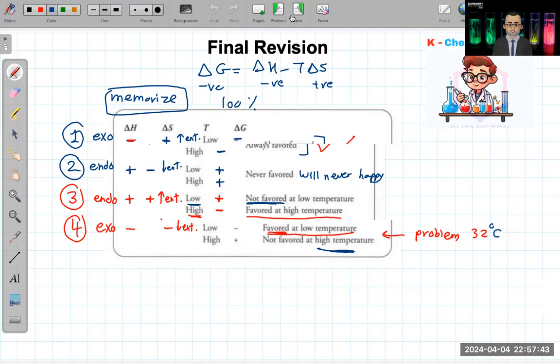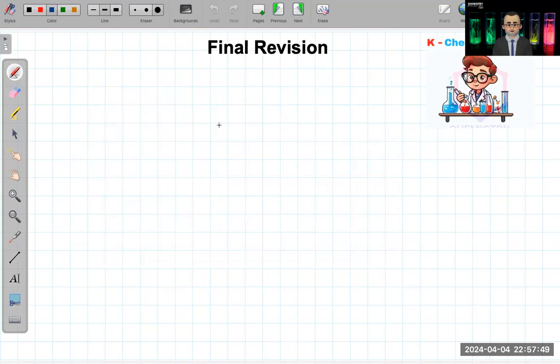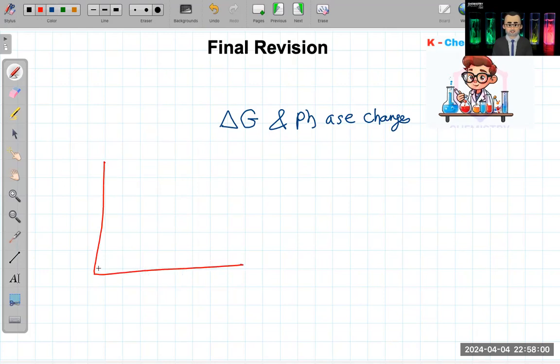Delta G and phase changes. What is the delta G and phase changes, mister? This is another one which is very common. Let's remember the heating curve together when you are heating.